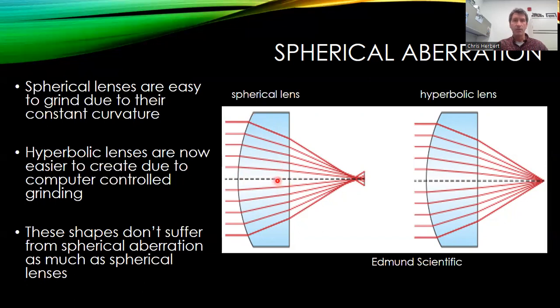Now, if you remember your hyperbola, it's basically less curved on the outer edges, where a sphere has a constant curvature. So this creates a better focus, again, at the center. You're focusing at the same point as on the outer edge. And really, you can think about the hyperbola: it flattens out.